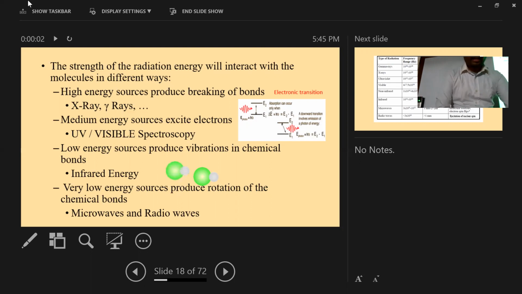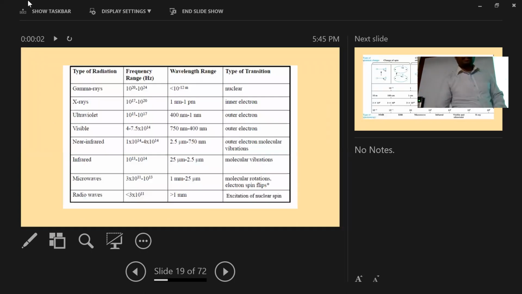Microwaves and radio waves, if you give those wavelengths, can help rotate the molecule. Those are the energy ranges we can use, the types of radiation and types of transitions, from where to where it can excite the molecules or electrons.